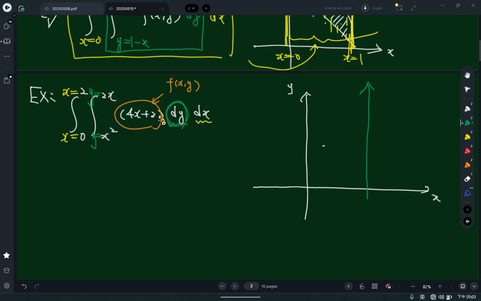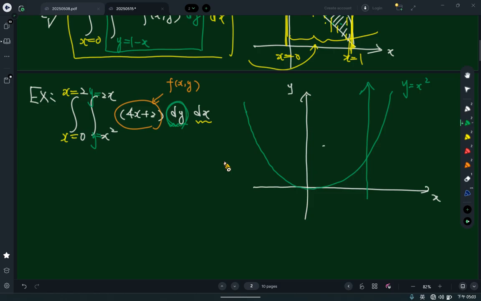Then we need to start to construct the region. y equals x squared is here. This is y equals x squared.